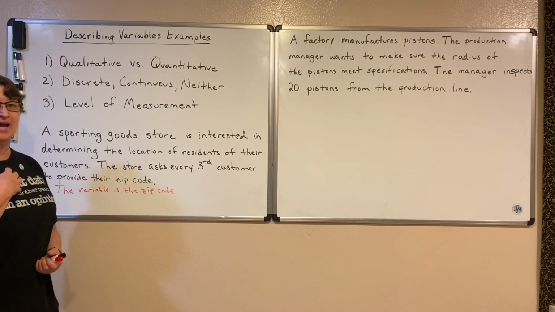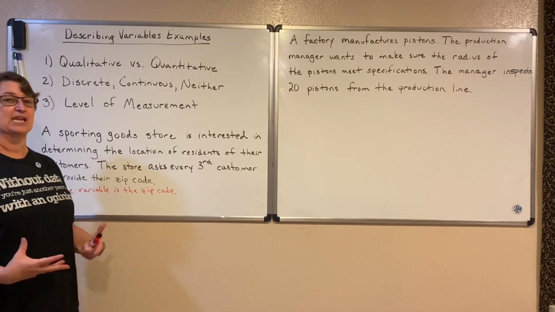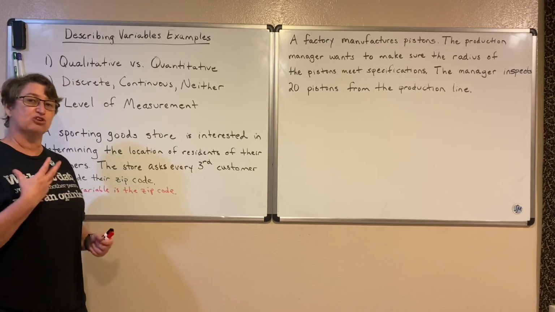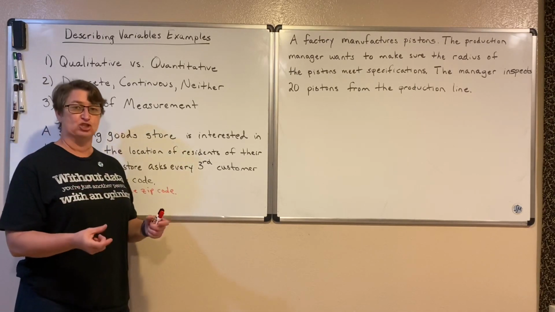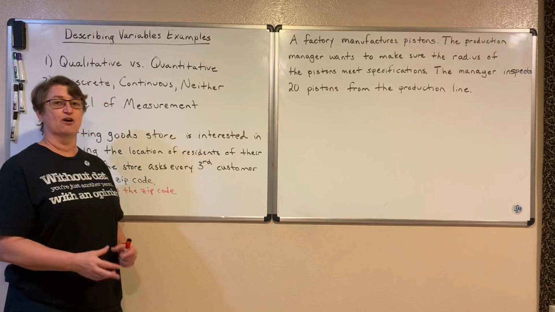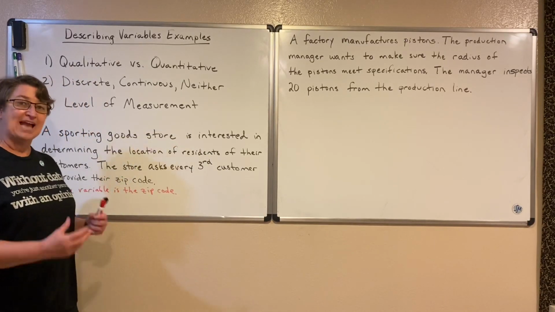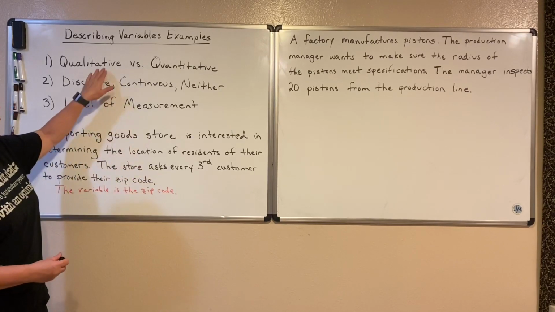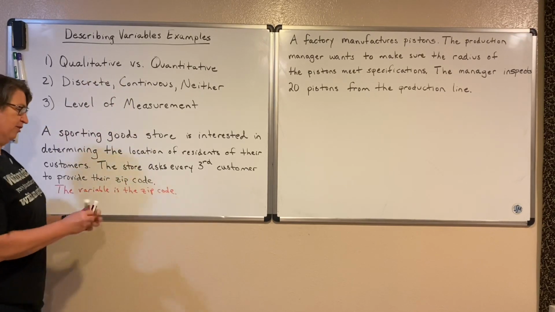Like when I give my zip code, it tells people that I live in North Temple. So that zip code just really means the location or place of your home. And that's a category. So therefore, our zip code is a qualitative variable.